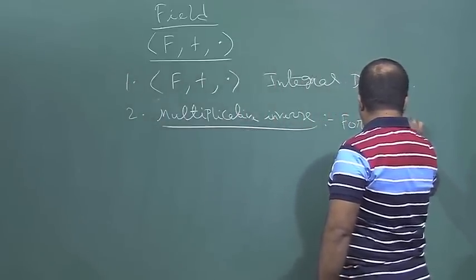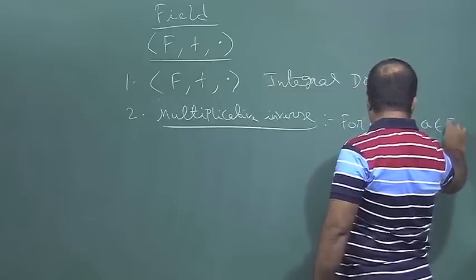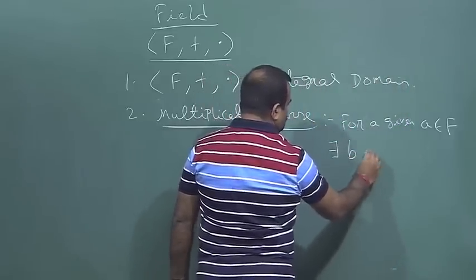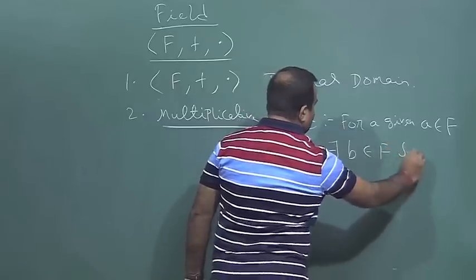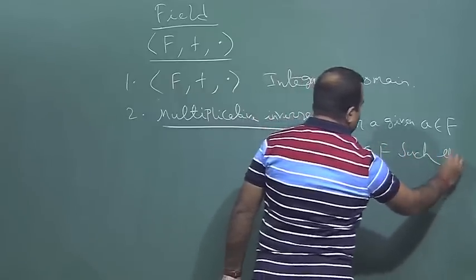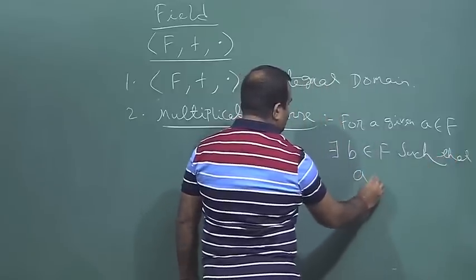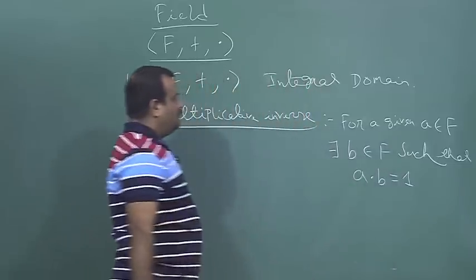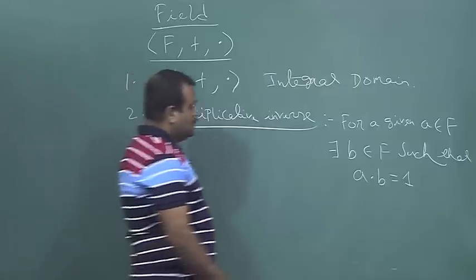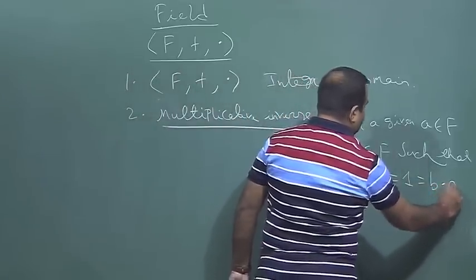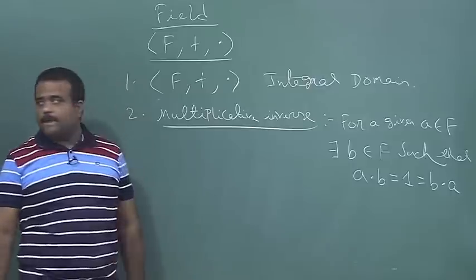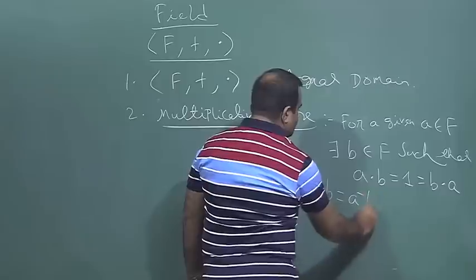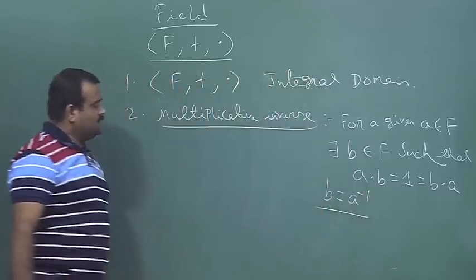For a given A belonging to F, there exists a B in F such that A operate with B is equal to the multiplicative identity, which is equal to B operate with A. This B is usually symbolically referred to as A inverse.